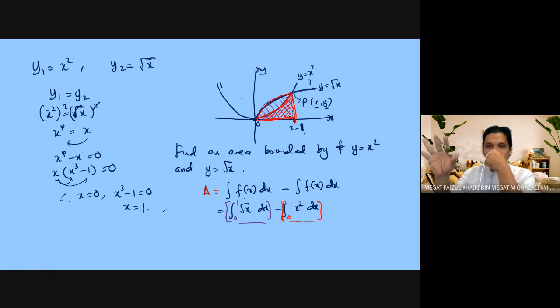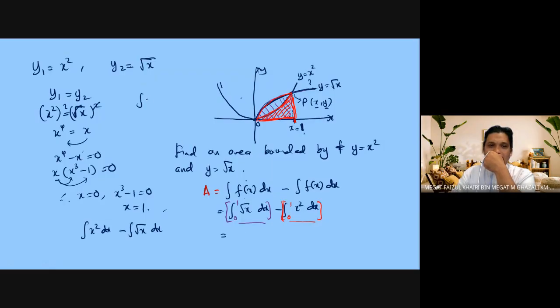At that area, we can determine which graph is above the other graph. If I make it integral of x squared dx minus integral of square root of x dx, so the graph below minus the graph above, you will get negative, because kawasannya kecil tolak kawasan keseluruhannya besar, the small area minus the whole large area. But when it comes to this, it is the whole area minus the small area below this, then you get this.